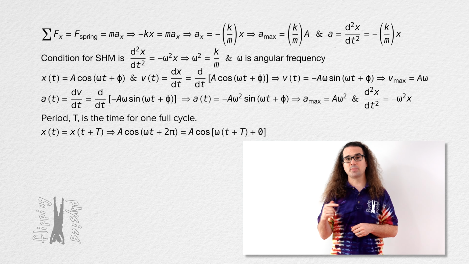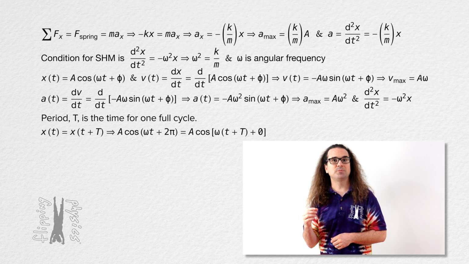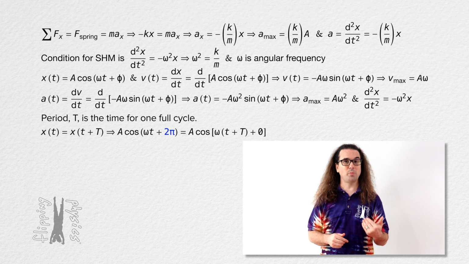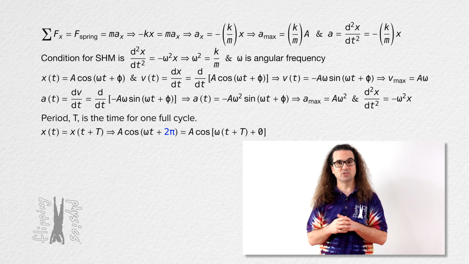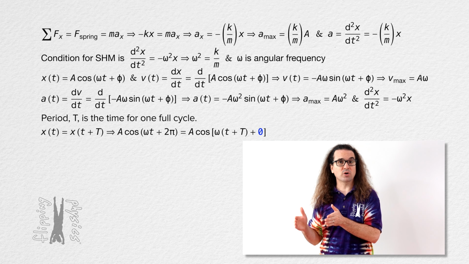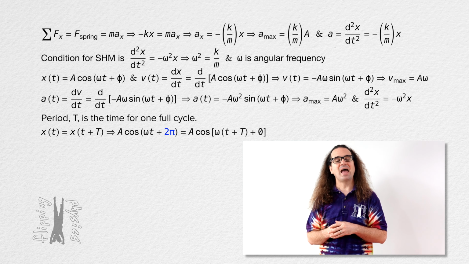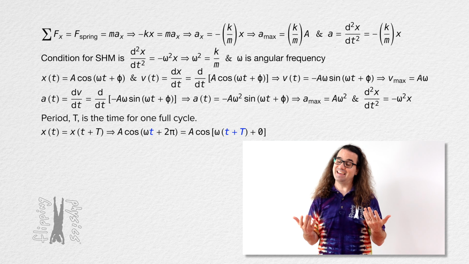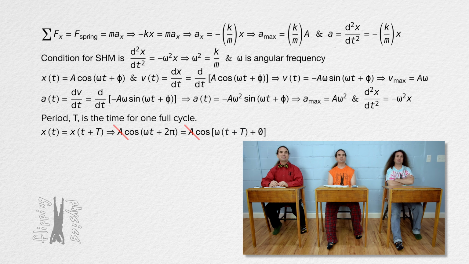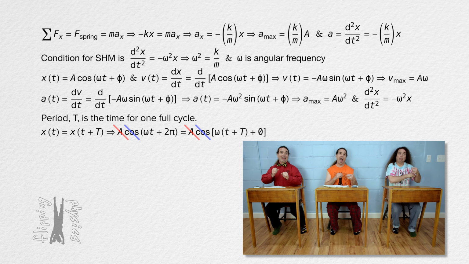In other words, the position at time t equals the position at time t plus the period. Substituting in the equation for position in both cases, for time t, the phase shift will be 2 pi, and for time t plus the period, the phase shift will be 0. In other words, we need to shift the wave forward by 2 pi radians at time t in order for the position to be exactly equal at time t and time t plus the period. And everybody brought amplitude times cosine to the party.